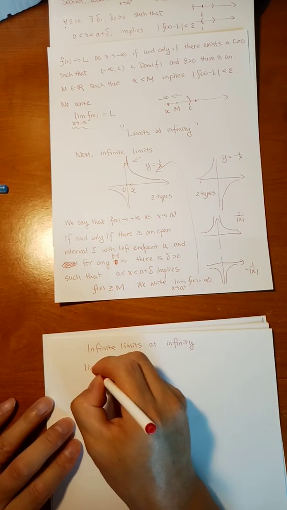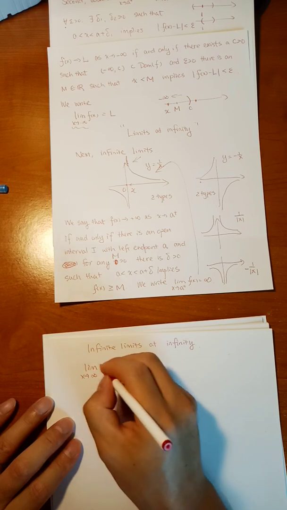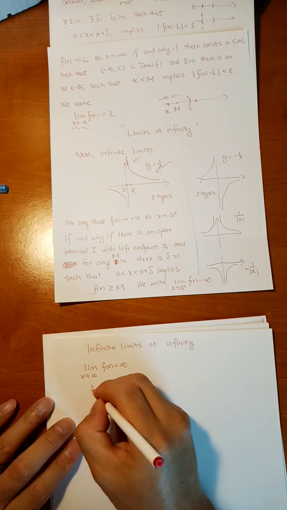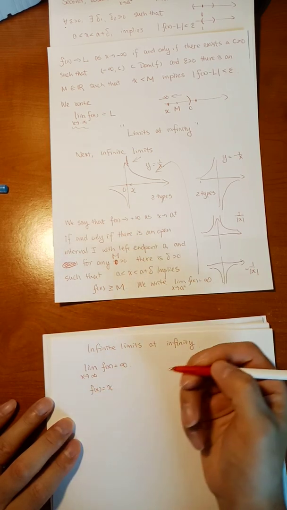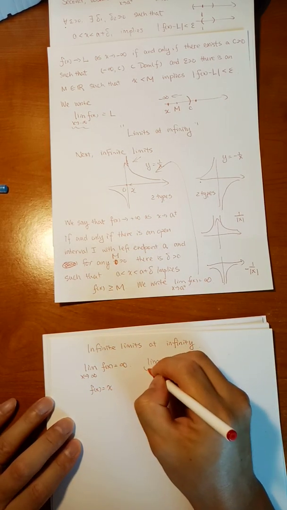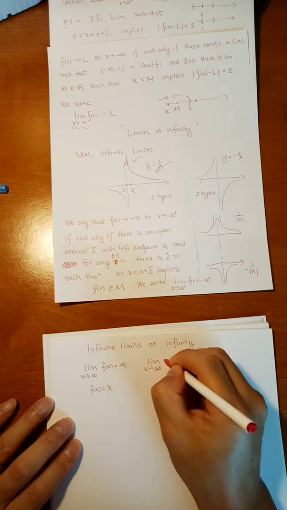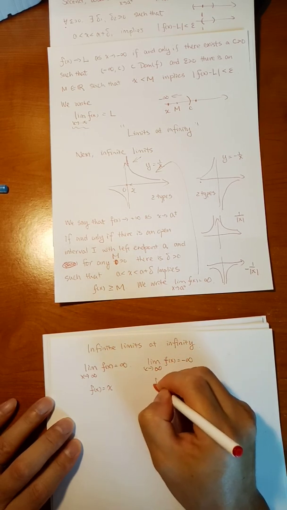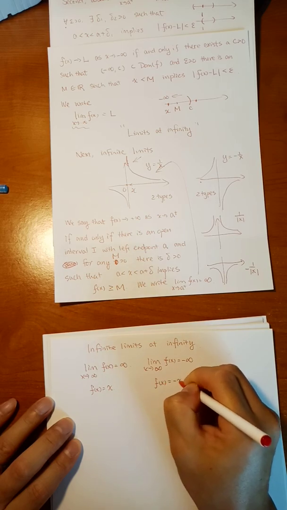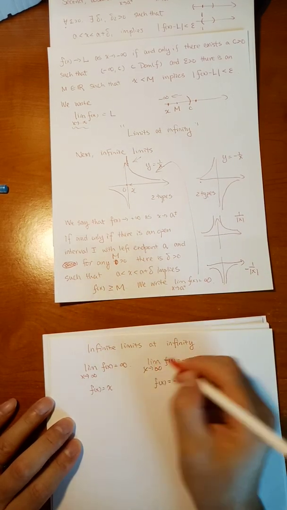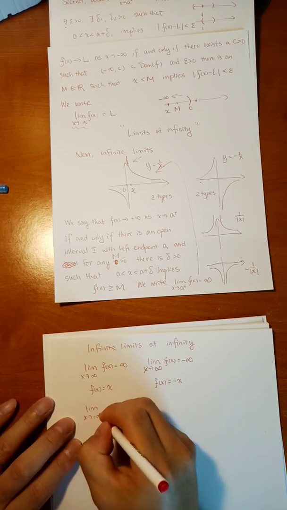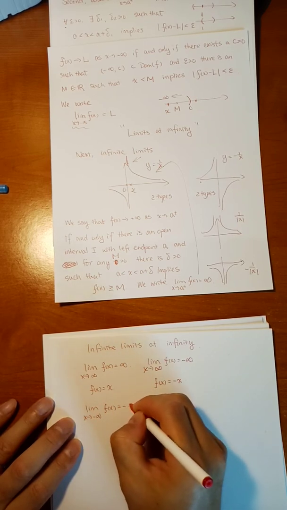For example, we can have the limit as x approaches positive infinity of f(x) equal to positive infinity, if you let f(x) equal to x. Or the limit as x approaches positive infinity of f(x) is negative infinity, where f(x) is negative x. Or the limit as x approaches negative infinity of f(x) is negative infinity.